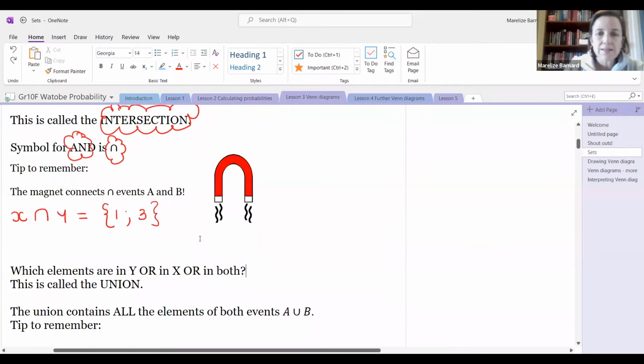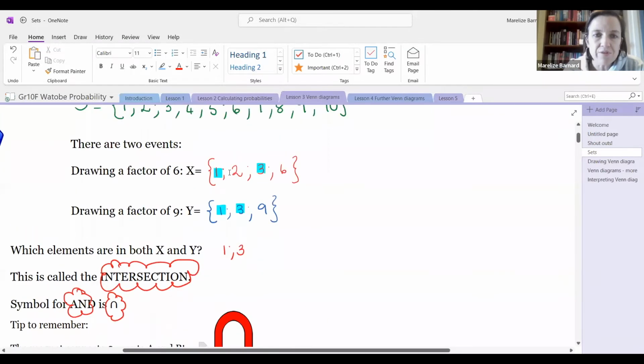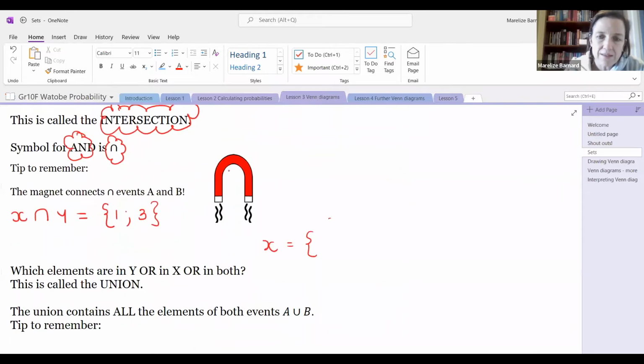Okay, so we said our X was from our sample space. If we drew the factors of 6, X was 1, 2, 3, and 6. And then our Y was the factors of 9, so that's 1, 3, and 9.